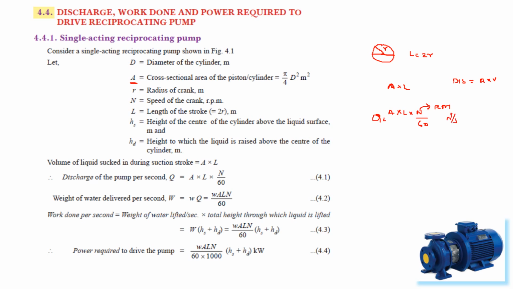To convert into weight of water delivered per second, I am adding the specific weight, w, L, A, N divided by 60, nothing but rho into g. Then what is the work done? The weight of water lifted to the total height.